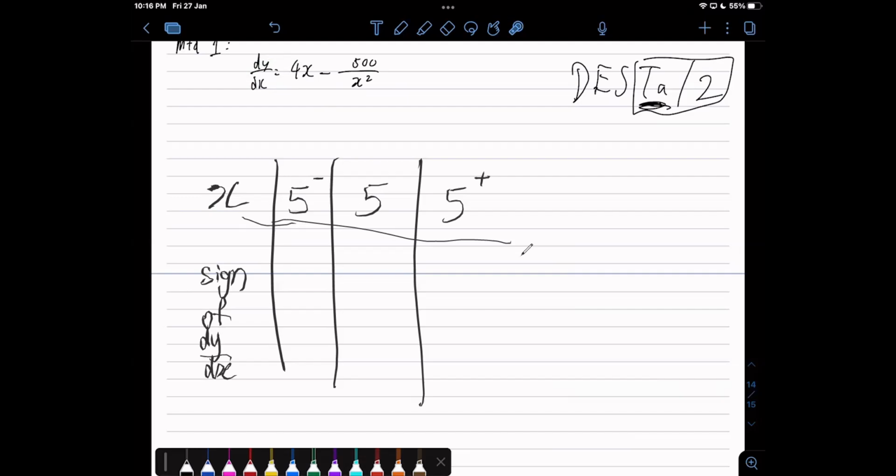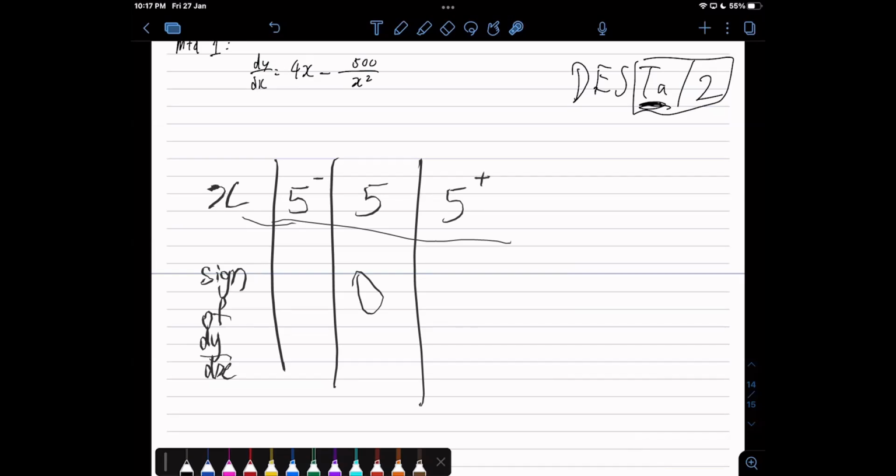Middle one, straight away. What's the sign? No sign. Straight away the sign. When x equals 5, yes, it's 0. No sign, not positive, not negative.